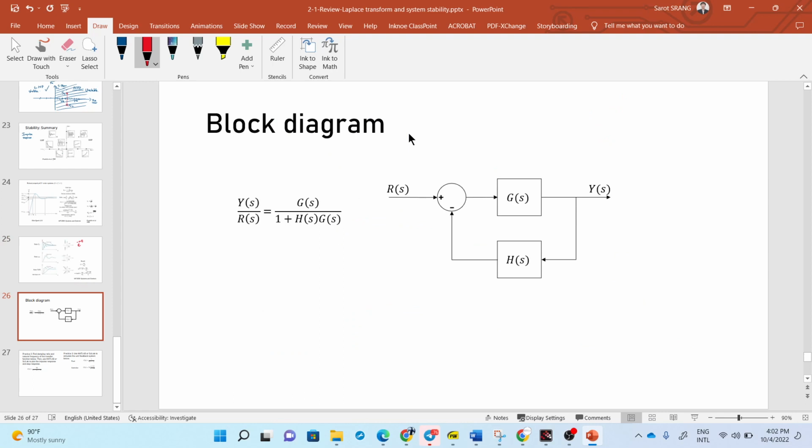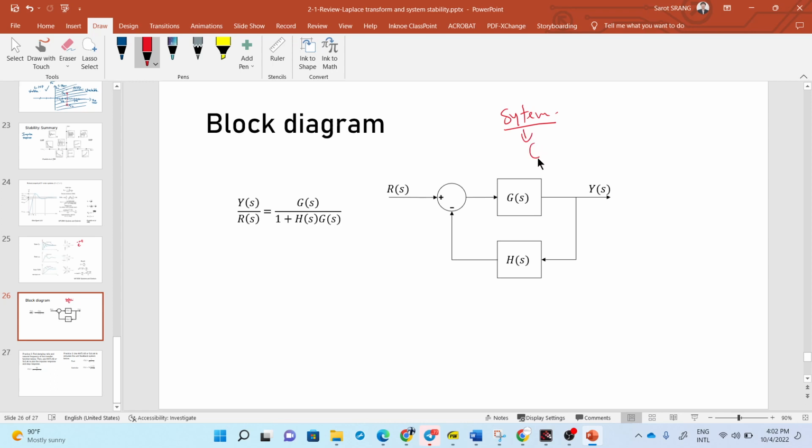Okay, so before you take a break, I'm going to explain briefly about block diagrams. Let's say you have a dynamic system that can be modeled as a dynamical equation, namely a differential equation, right?